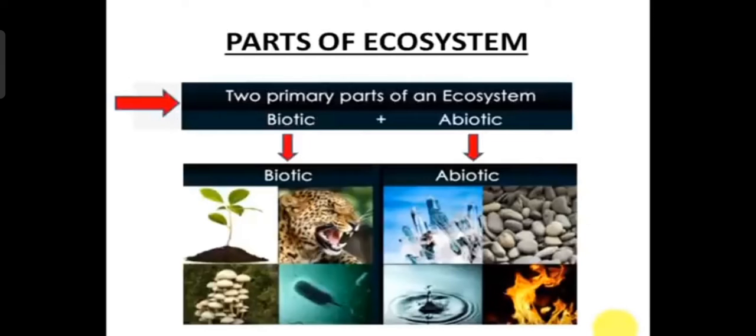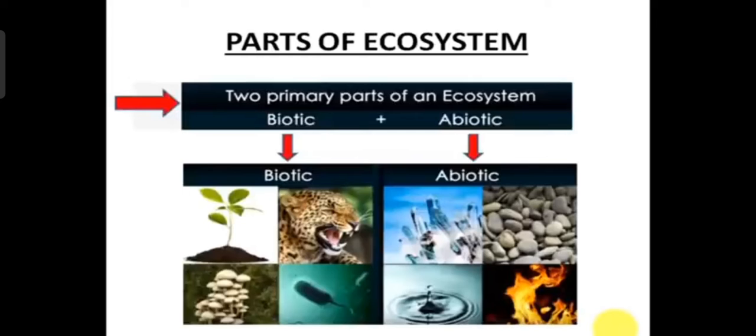This will also consist of producers, which are basically green plants, consumers like animals, and decomposers. So all three will come under biotic. As far as abiotic is concerned, abiotic means which are non-living, like the water, the gases, fire, anything physical which is existing, like you can see over here, ice, stones, or all these things are non-living things.